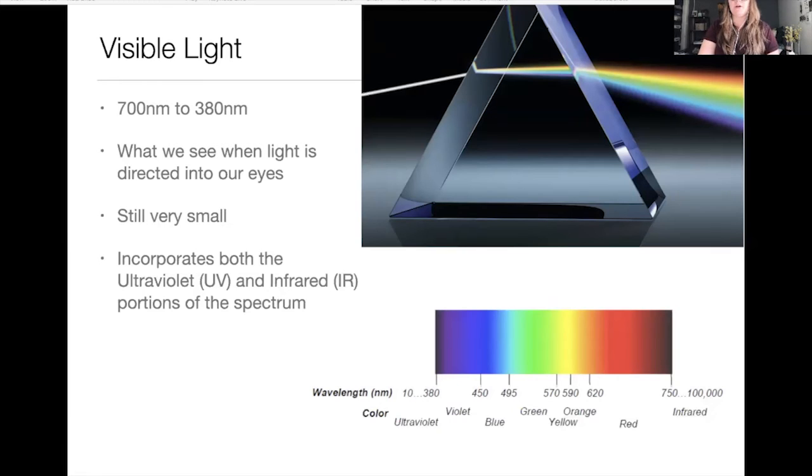Depending on which way you move along the spectrum, it's red, orange, yellow, green, blue, indigo, violet, or the reverse. Just depends. But as we talk about the rainbow, we go from red to violet.